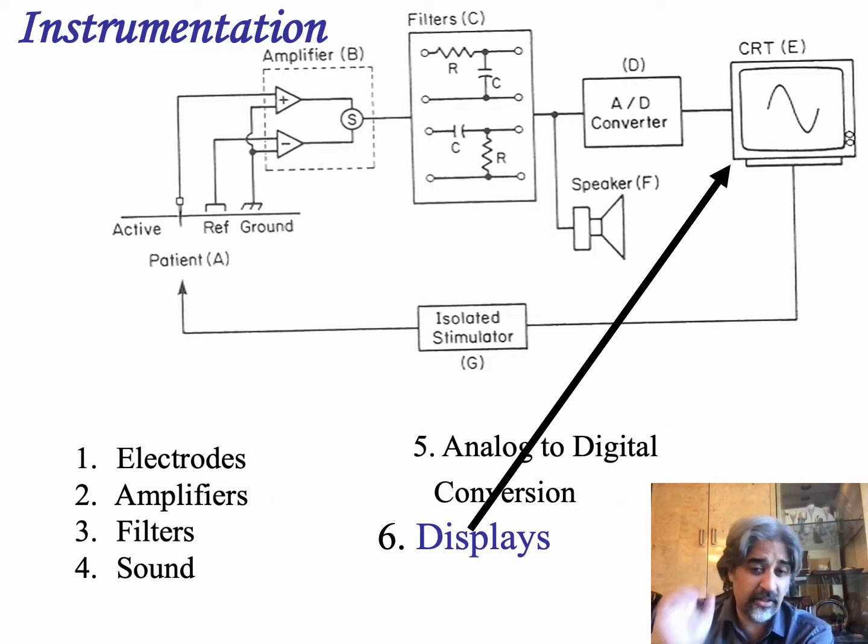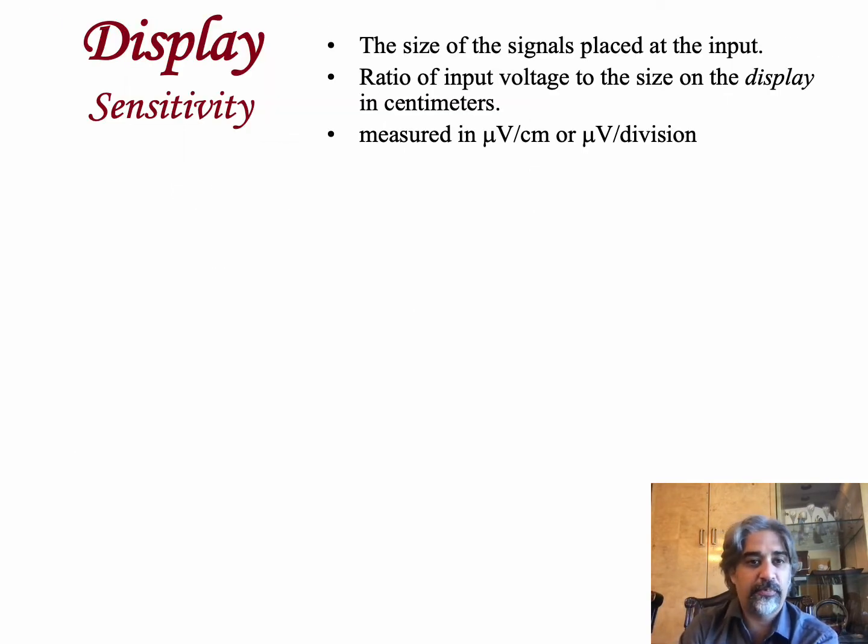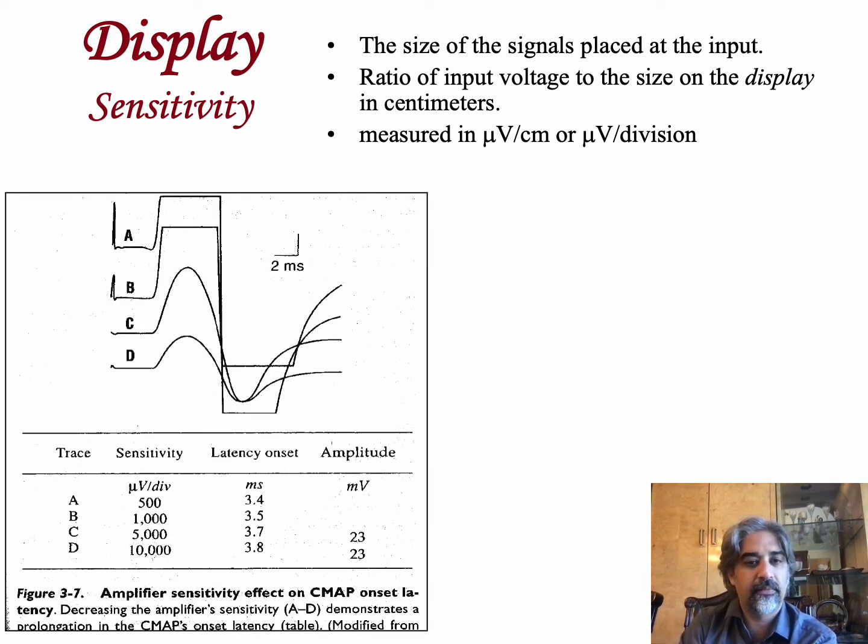Displays are the final component in the signal pathway. Display sensitivity is basically how much voltage is being represented on the y-axis of the screen. This can be done in volts per centimeter, microvolts per centimeter, or microvolts per division.